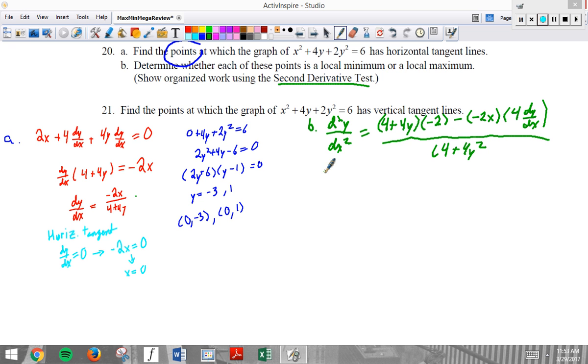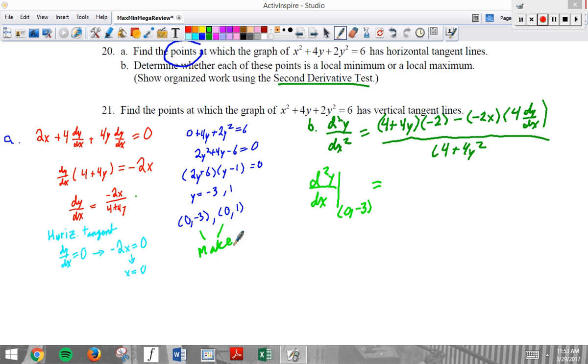So now I'm going to check this. I'm evaluating the second derivative at both the first point, and just like in that previous example, we're using the fact that I know at these points this is 0. This is 0 for both of these.